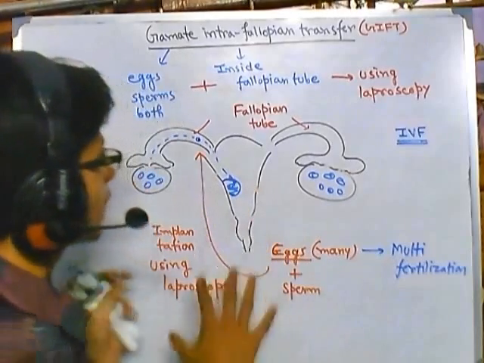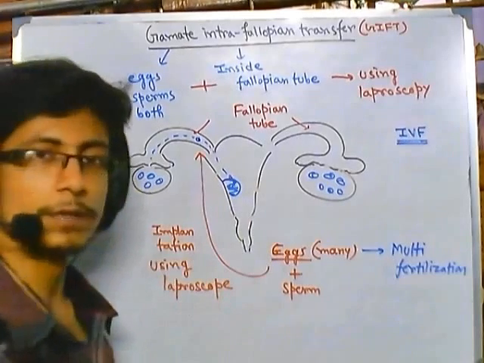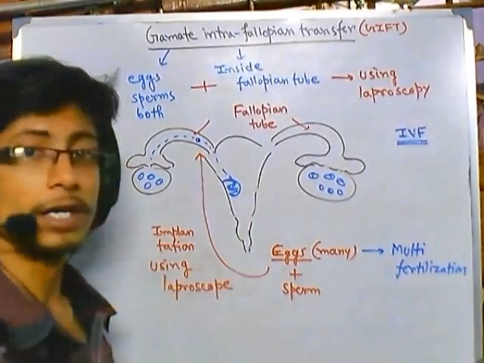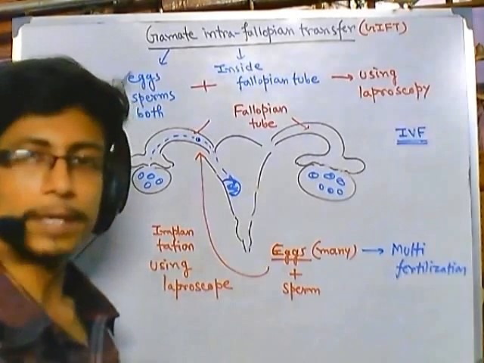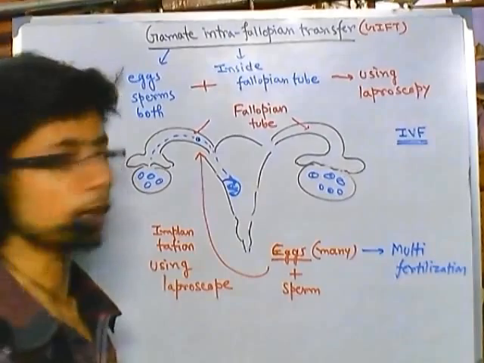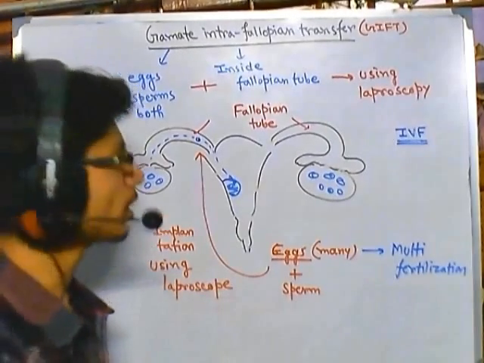Okay, so that is the process of gamete intrafallopian transfer, and it is a part of artificial reproductive technology, or ART. We'll be looking at many more different techniques for artificial reproductive technology. This is one of them, and that is the benefit of it. But usually people don't stick to it.